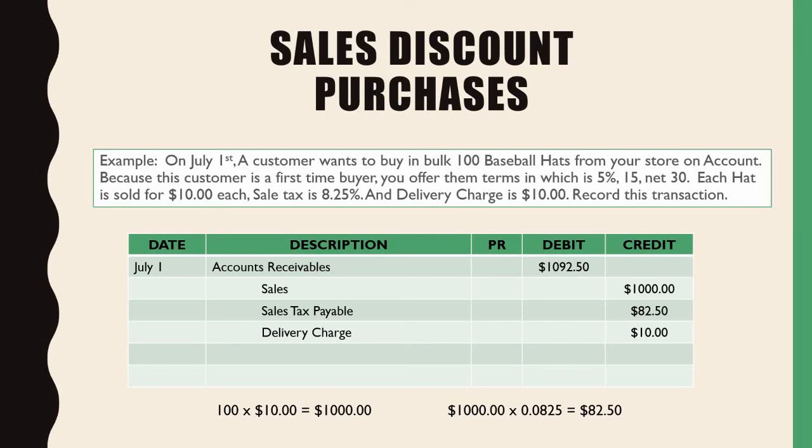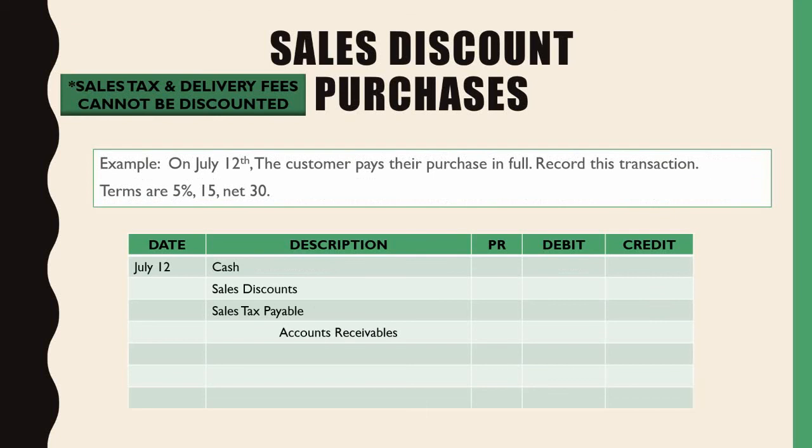Because they receive a discount, just like how we did purchase returns and sales returns and allowances, you have to give back a portion of their money as well as give back a portion of the tax.